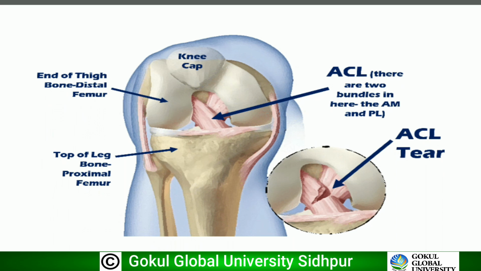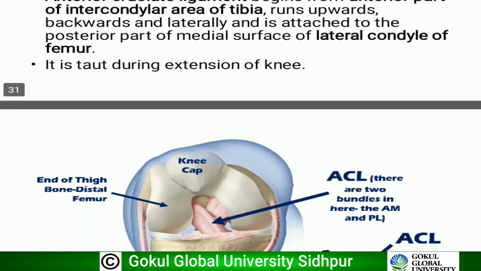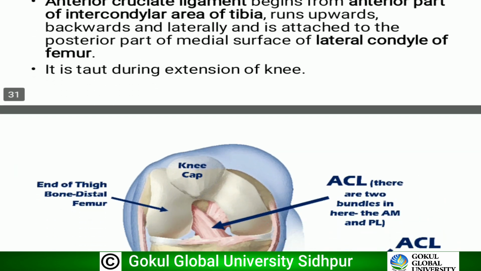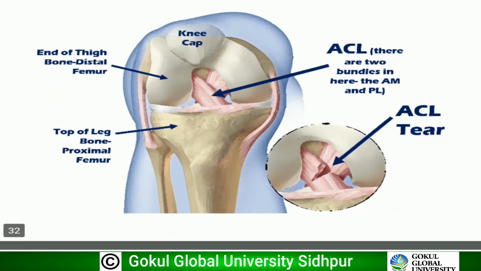C, leave it. L indicates its second attachment, the lateral condyle of the femur, specifically the medial surface of the lateral condyle of the femur. Here I am giving you a trick to remember the ACL. Okay, now you just have to remember the ACL.